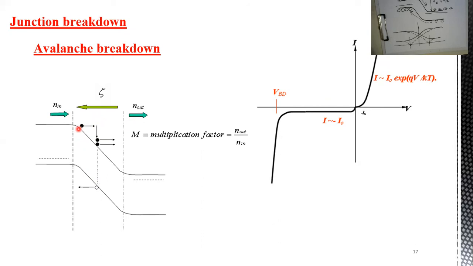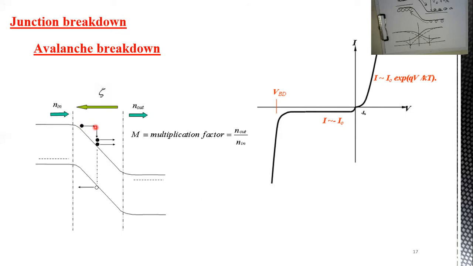So electrical field increase means velocity increase. Electrical field and drift velocity, of course, are directly proportional. That means that whenever you increase the electrical field, the carriers, which are minority carriers, because this is a reverse current, will move at a very high speed.